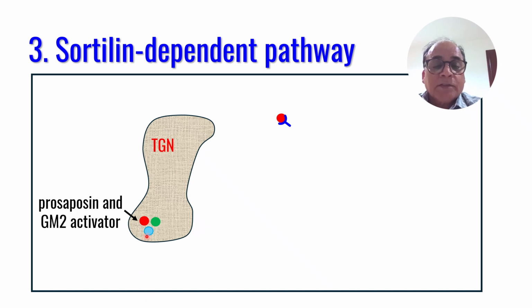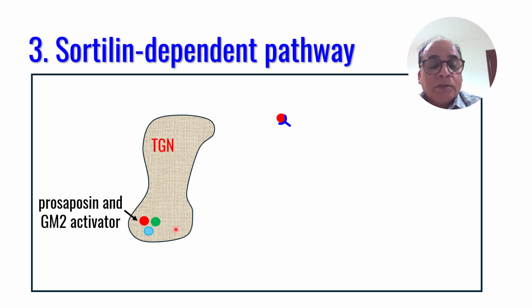So let us discuss the third pathway, which is the sortilin dependent pathway or sortilin mediated pathway. This is designed for prosaposin, GM2 activator protein or acid sphingomyelinase enzyme. This also starts in the trans-Golgi network. Here you have these proteins.